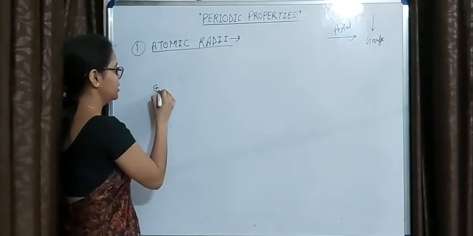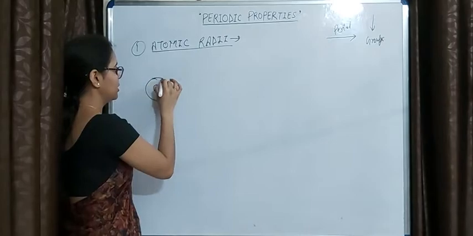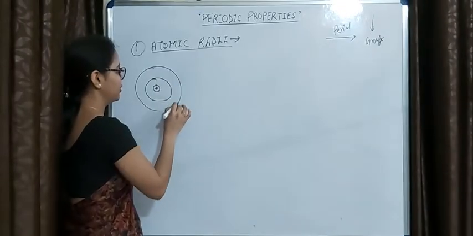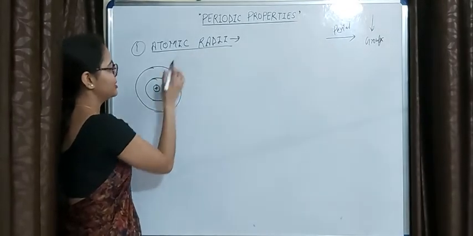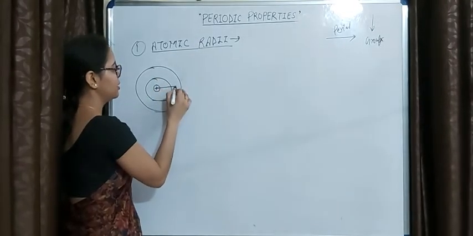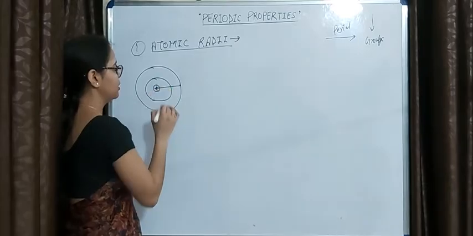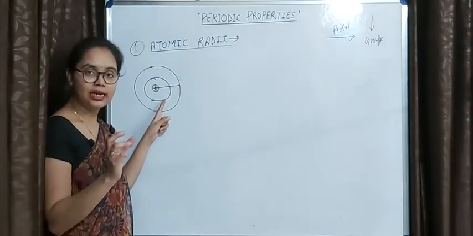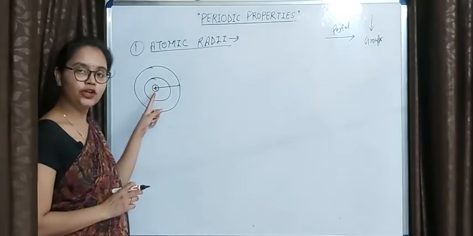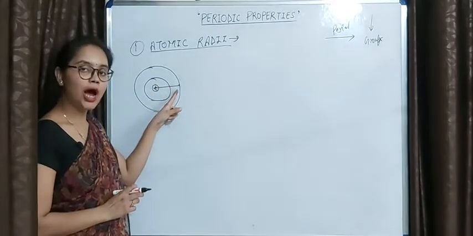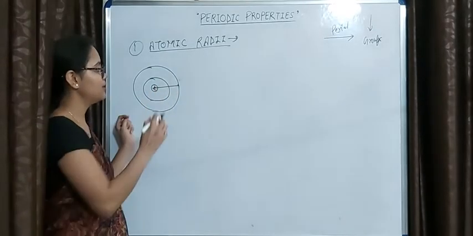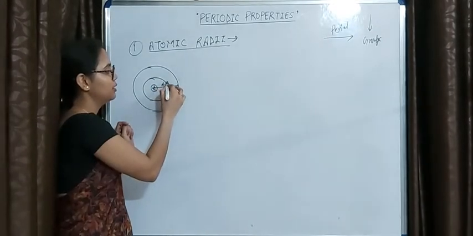Suppose this is the nucleus, this is the first orbit and this is the second orbit. Atomic radius is the distance from the center of the nucleus to the outermost shell of the atom. So this radius is known as atomic radii.